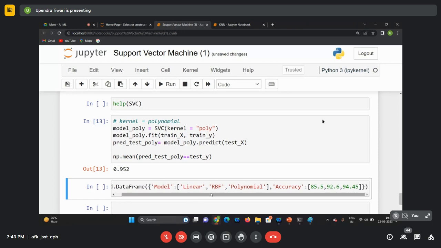Let me make a dictionary where we'll have two keys. One is model, another is accuracy. In the model, we just kept all the models.